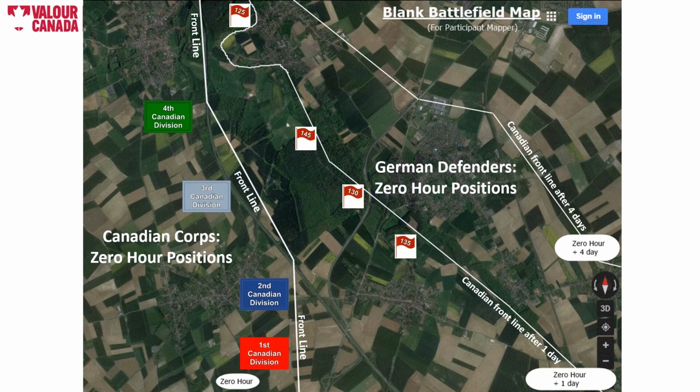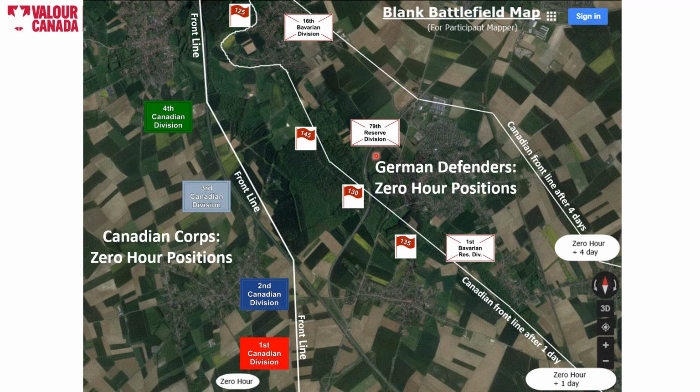Now on the right-hand side of the map, this is where you can find the German divisions, and they are, as you can see now. So at the bottom, you should have the 1st Bavarian Reserve Division, directly east from Hill 135.